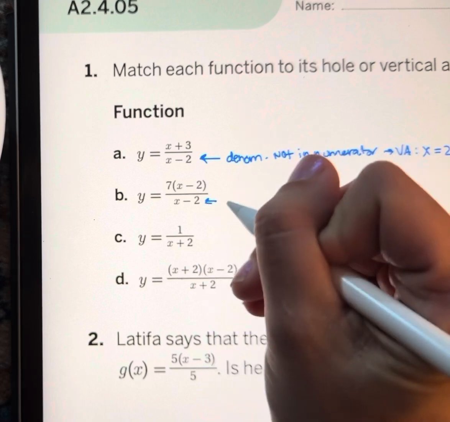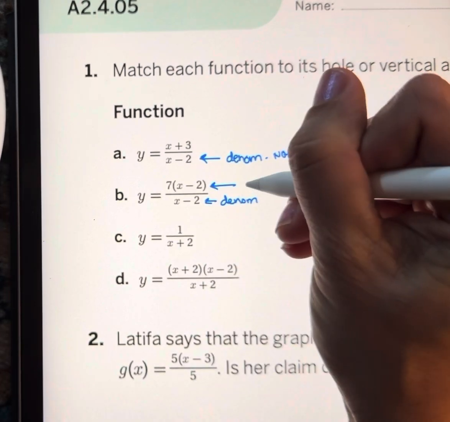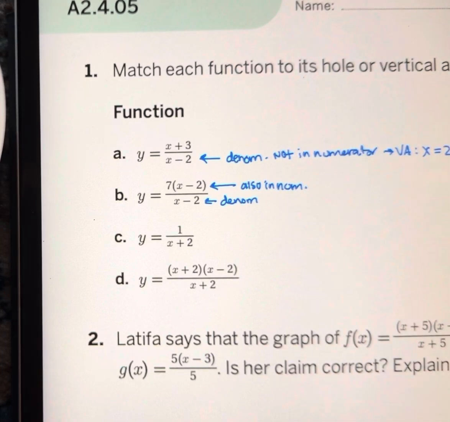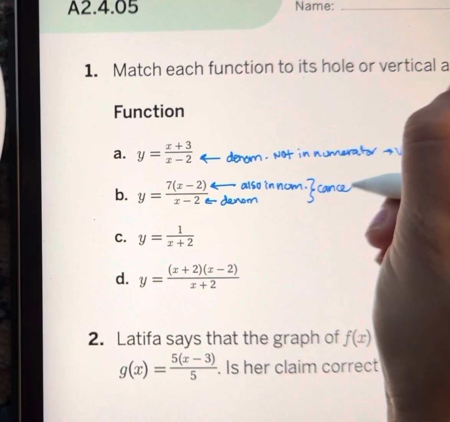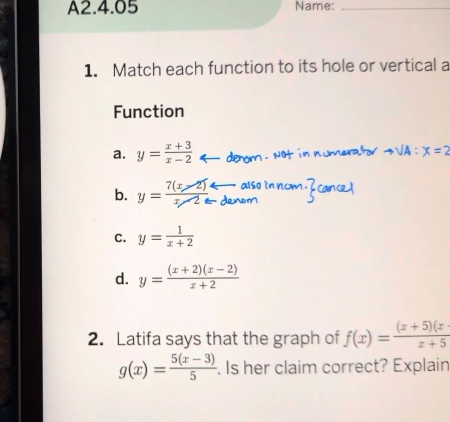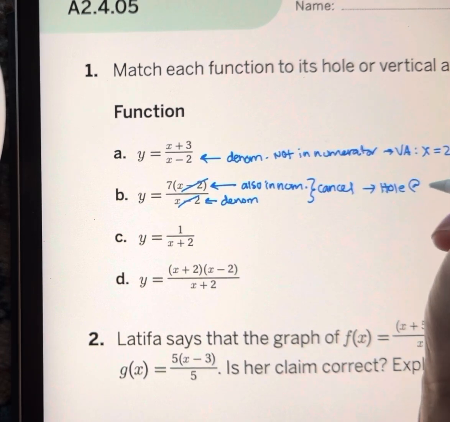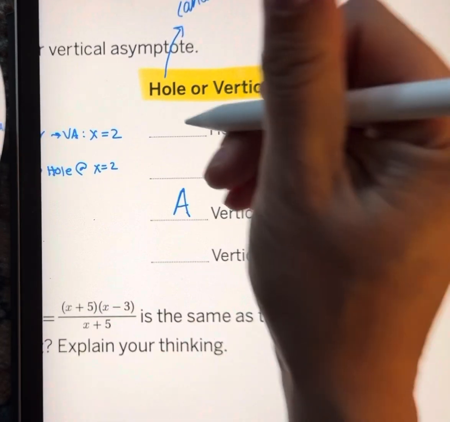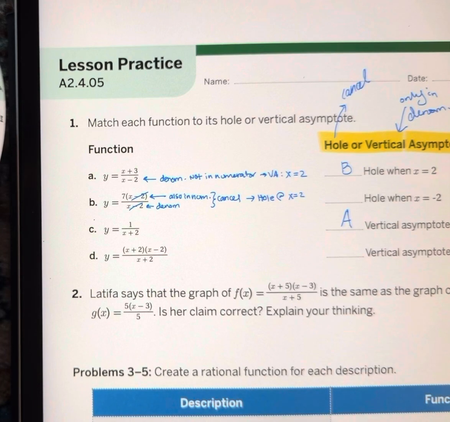I have this in the denominator, but I also have it in the numerator. That means that they cancel. Boop, boop. Which makes this a hole at x equals 2. See? Easy peasy, right? That's literally it, you guys. That is it. Okay, let's keep it going.